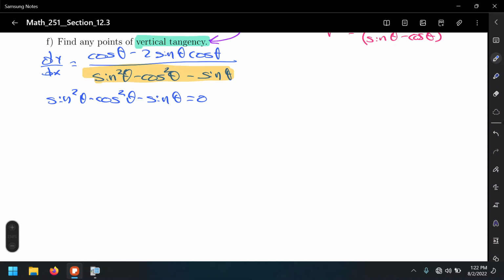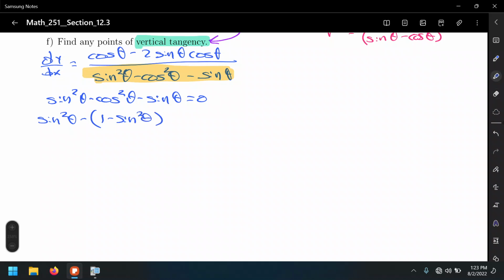Well, when it comes to an equation like this in particular that is in quadratic form, you might want to have everything in terms of the same trigonometric function. Notice the majority of the functions that we have is the sine function. So you might want to convert the cosine squared into terms of sine. So this will be sine squared theta minus cosine squared, which is 1 minus sine squared.